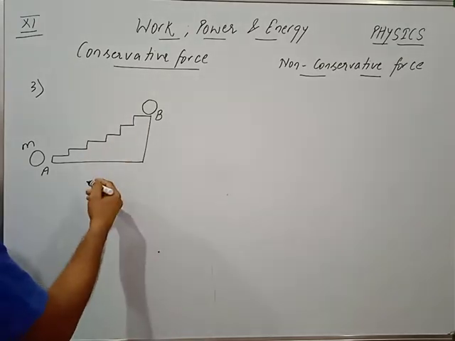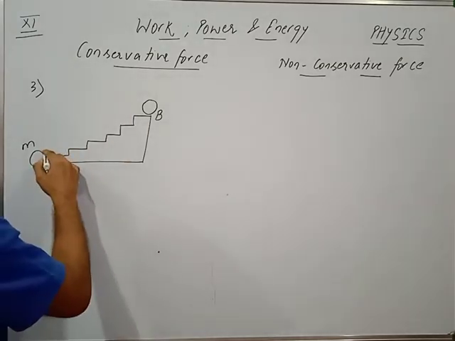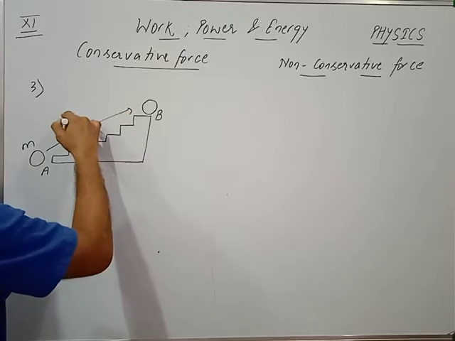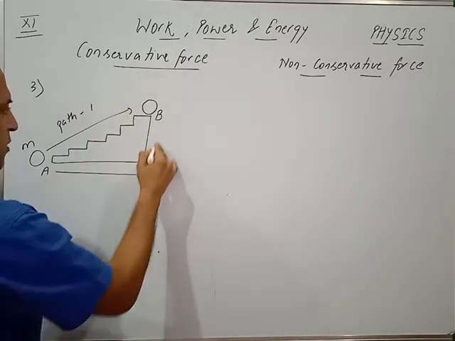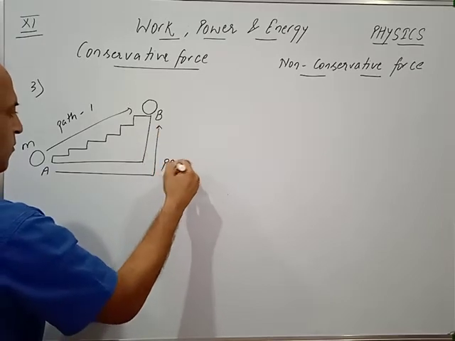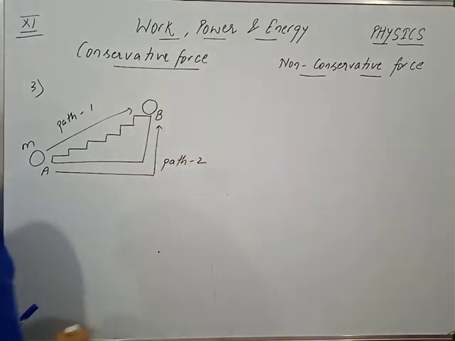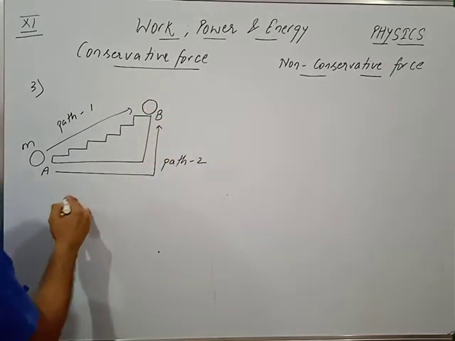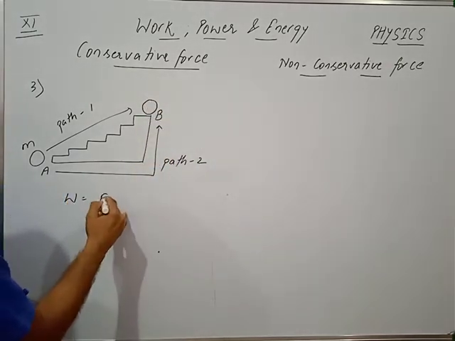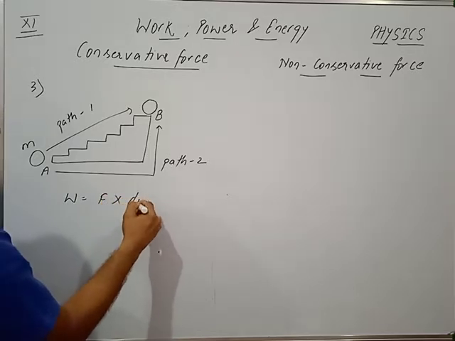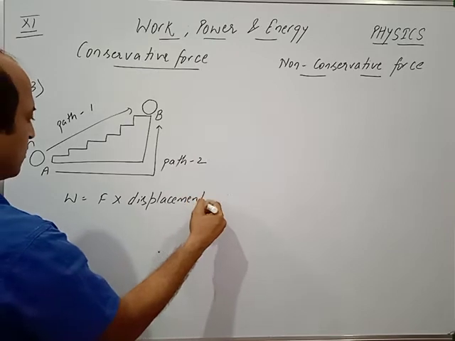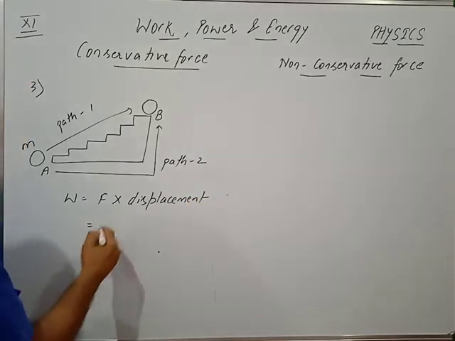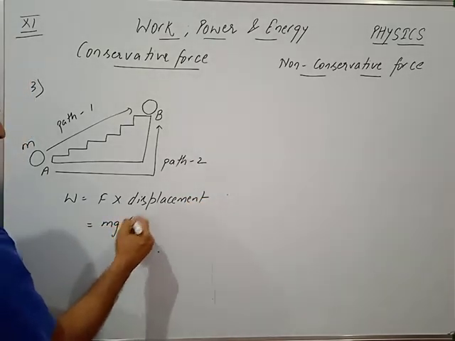Now there are so many methods. You may be going via this path, or you may go via this path. So if I talk about force of gravity, then you know the work done will be equal to force of gravity into displacement, and that will be given as force of gravity, that is mg for the particle, and displacement.